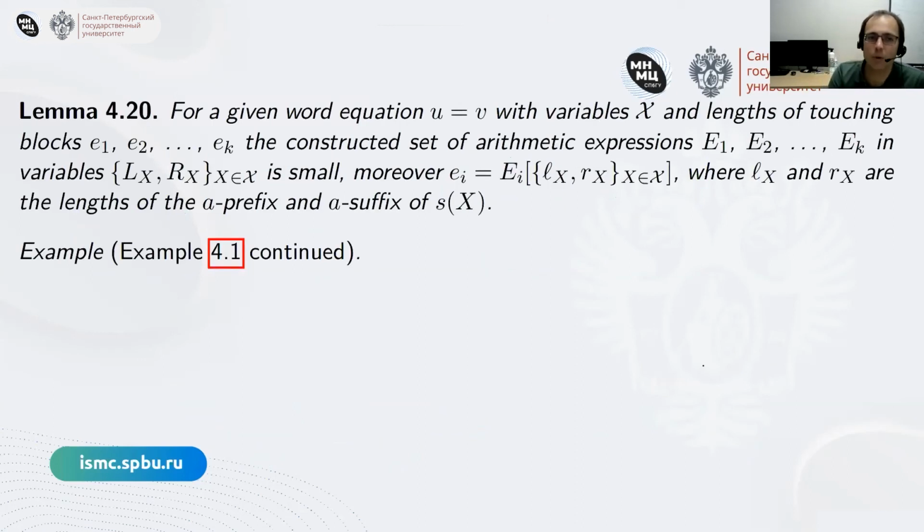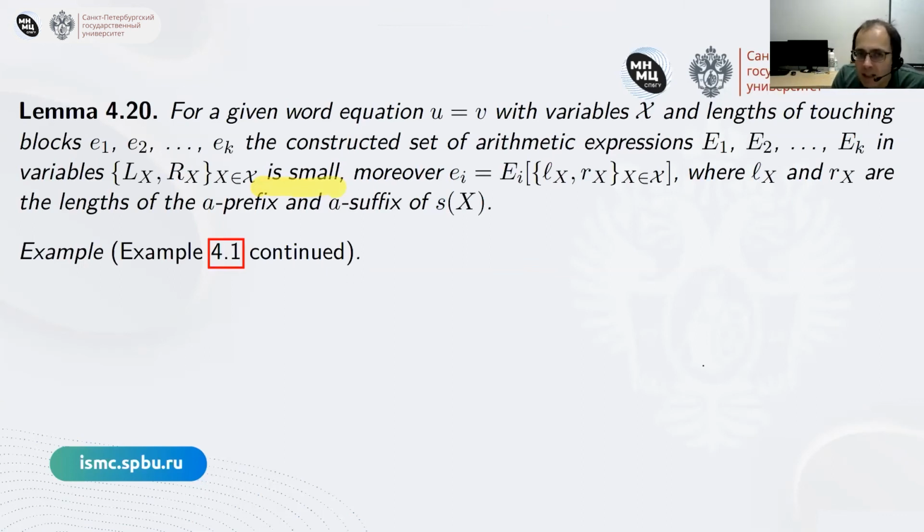Okay, and what we have constructed is small. Whatever was the definition of small, that's fine, because we add something to the arithmetic expression. For every constant we add at most 1, so the sum of constants is at most 1. The variables are as defined, and since we just scan from left to right and construct those arithmetic expressions, this means that l_x is used at most exactly as many times as x actually appears somewhere in the equation.